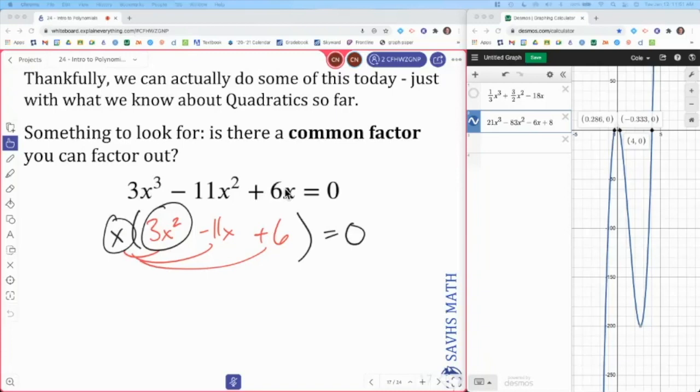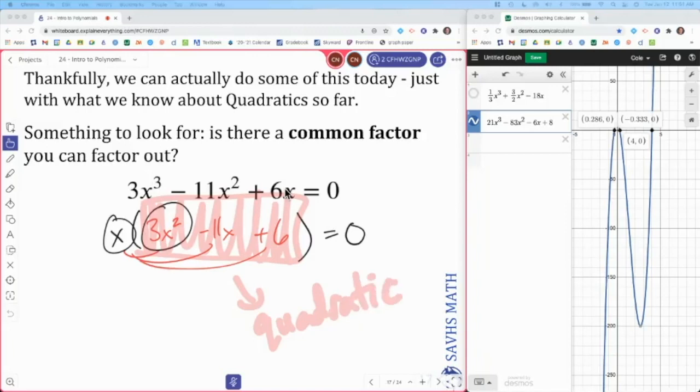But all of a sudden, what I have on my screen now looks a lot more familiar because it's what we just did last unit. If you look at this part, it is a quadratic. And so we know how to work with quadratics. If we think about this a little bit, I notice that there's a multiplication symbol right here.